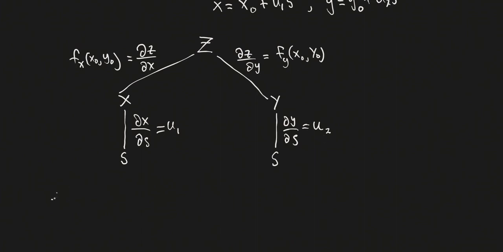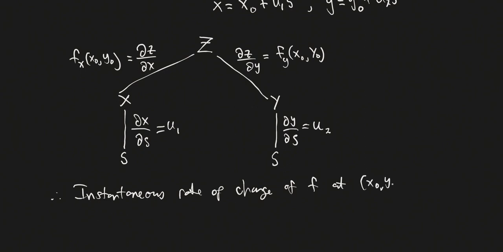So this implies that the instantaneous rate of change, which is our derivative of my surface, of f, at the point x0, y0 in the direction of u.